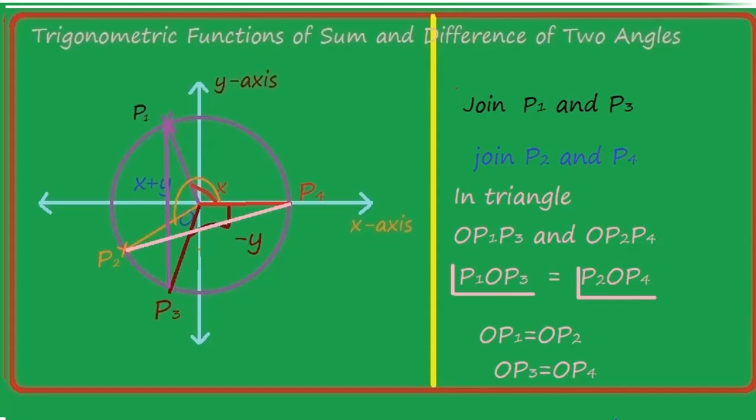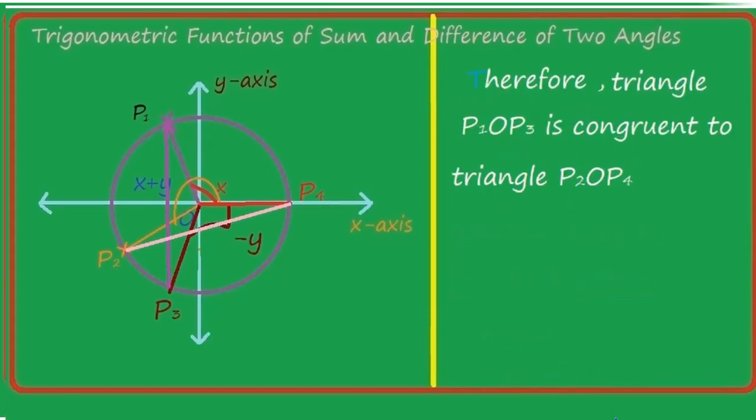Thus we have two sides equal and one angle equal. Therefore triangle P1OP3 is congruent to triangle P2OP4. In congruent triangles, corresponding sides are equal. Here only one side is left, that is P1P3 and P2P4. They are equal. P1P3 is equal to P2P4.